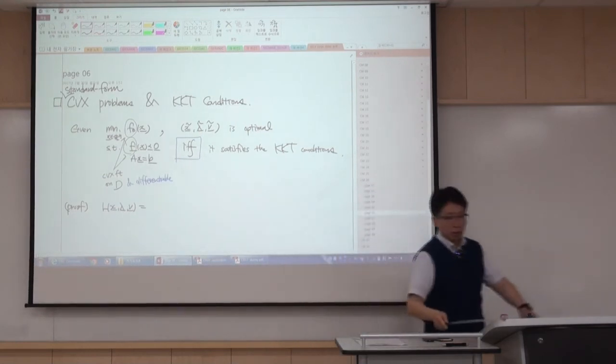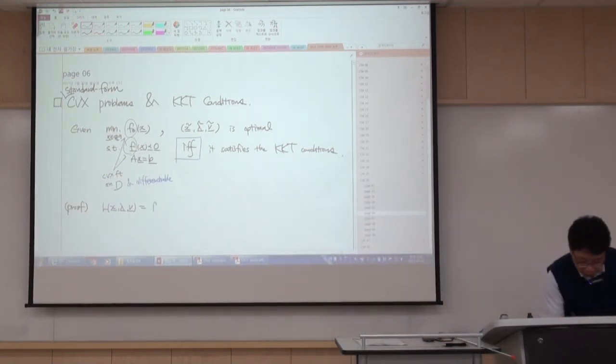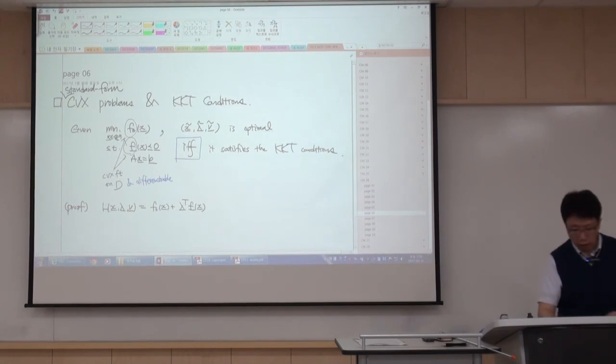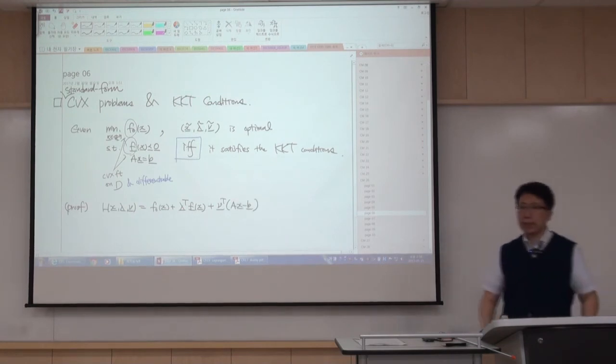Let's write it down. We have the first term, the objective function. We have the second term, lambda transpose f of x. So far the same, but here goes the very different part: nu transpose (Ax minus b). Got it?